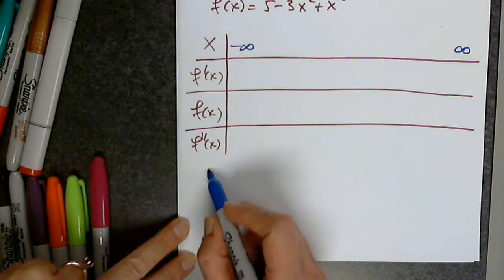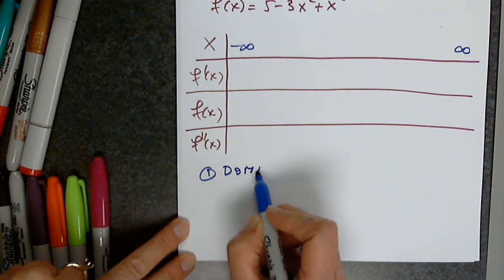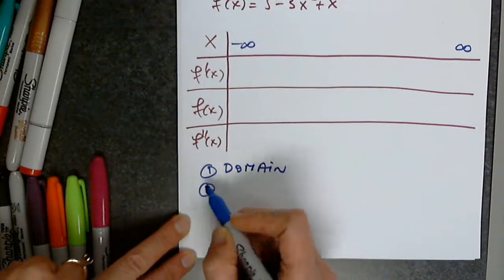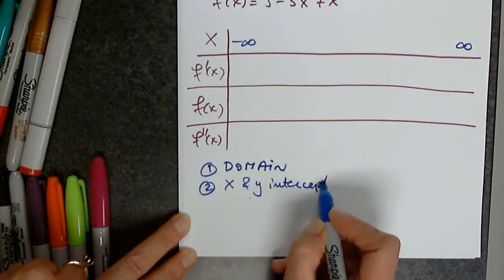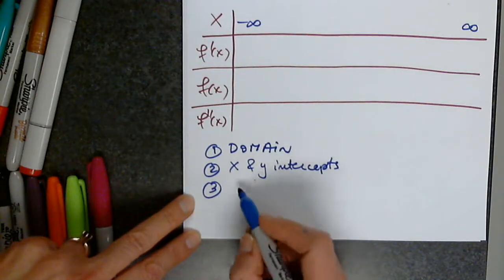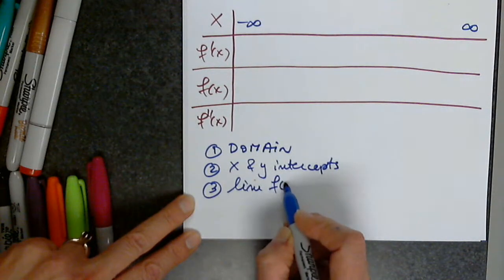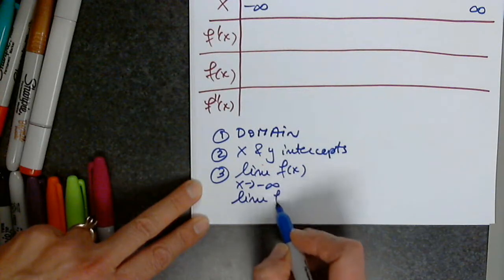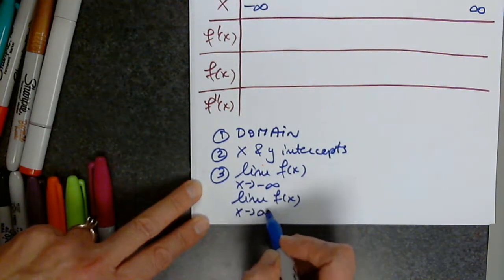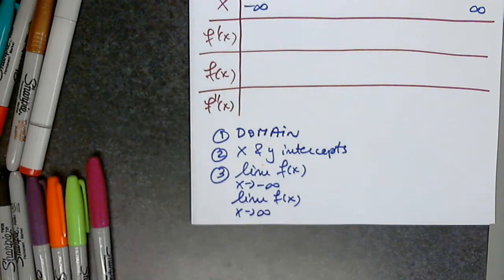So for the function, I have the domain. I should determine the x and y intercepts. And I should also determine the limits at infinity. Limit of f of x as x approaches negative infinity, and limit of f of x as x approaches infinity.